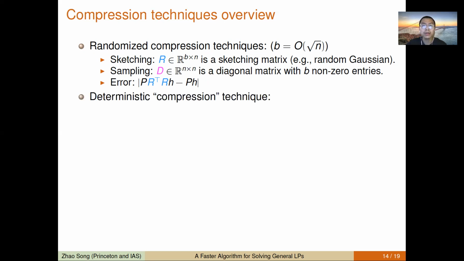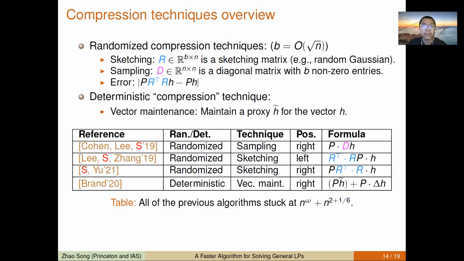Another technique is the deterministic compression technique, where we try to maintain a vector which is an approximation of h. Here is a summary of four works before us. All four works can achieve n^ω or n^(2+1/6) time.